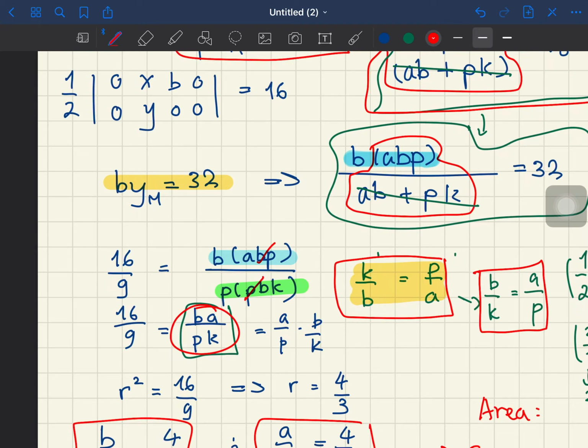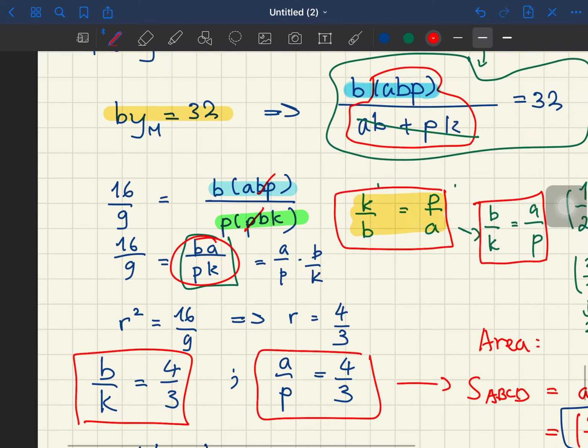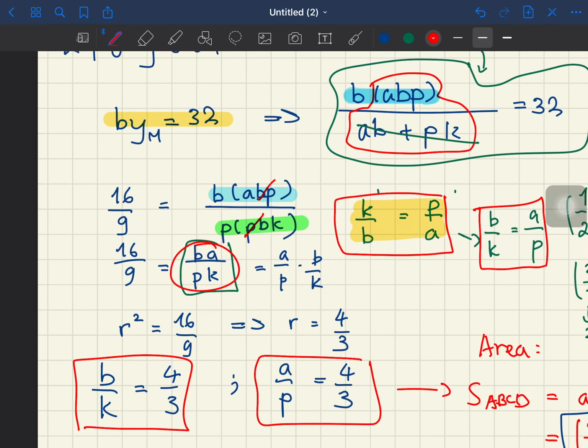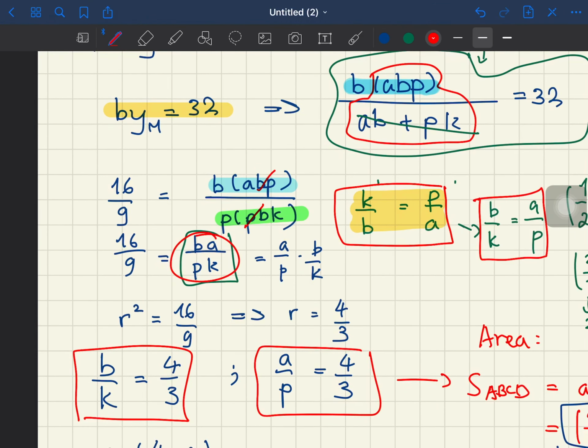Remember we are in the first quadrant, and on the Cartesian plane in this first quadrant, we have only positive numbers, and so our R must also be positive. And then using the fact that R equals B over K equals A over P, we can equate B over K or A over P to 4 over 3.